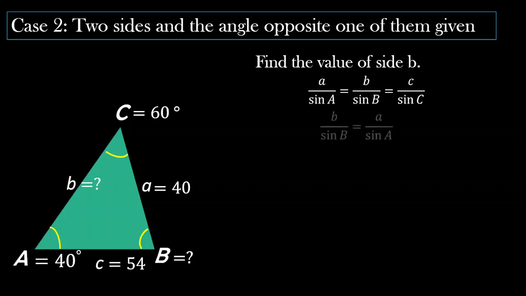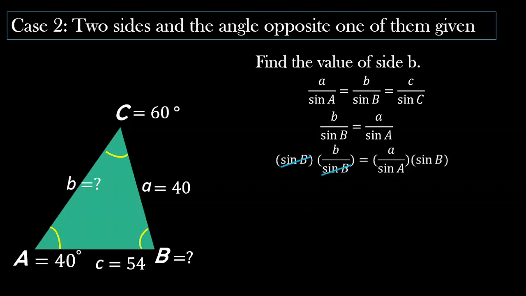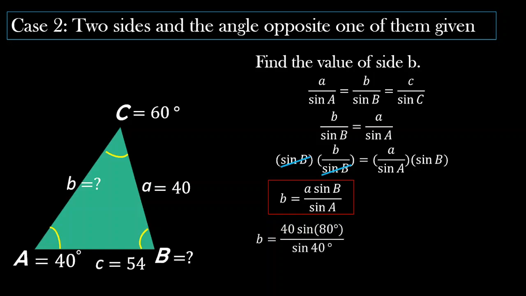So we use b all over sine B is equal to a all over sine A to make a formula for side b. Multiply sine B to both sides of the equation. It gives us b is equal to a times sine B all over sine A. Plug in all the given values to the formula. b is equal to 40 times sine 80 degrees all over sine 40 degrees, which is also equal to 40 times 0.9848 all over 0.6428.